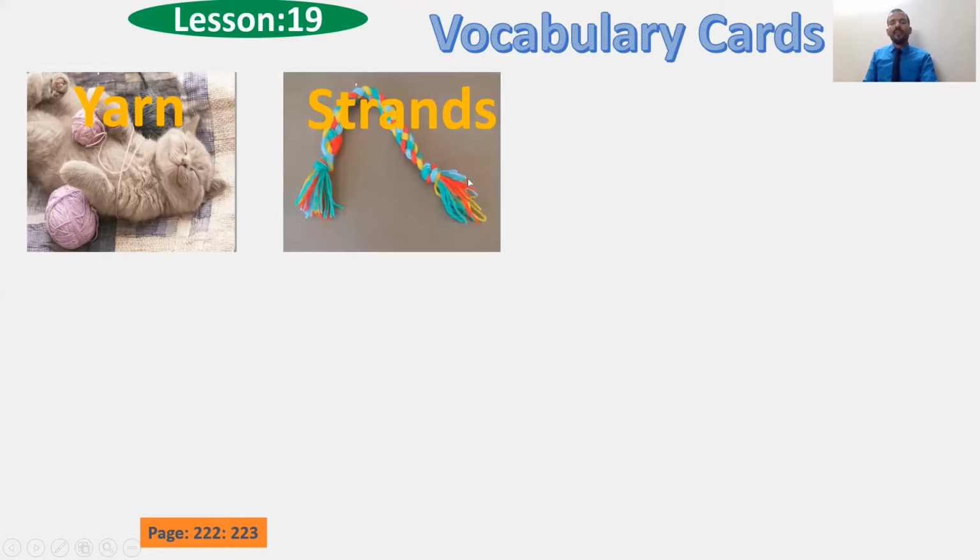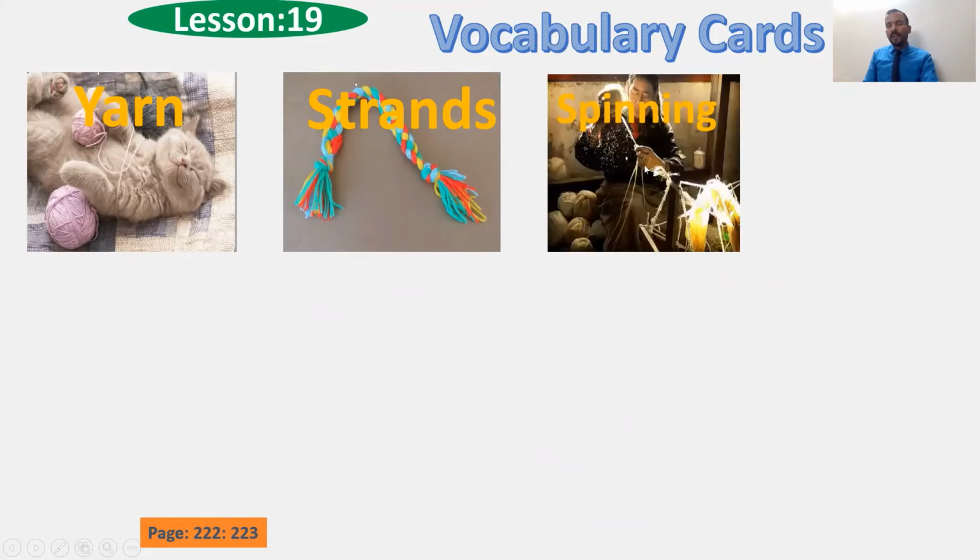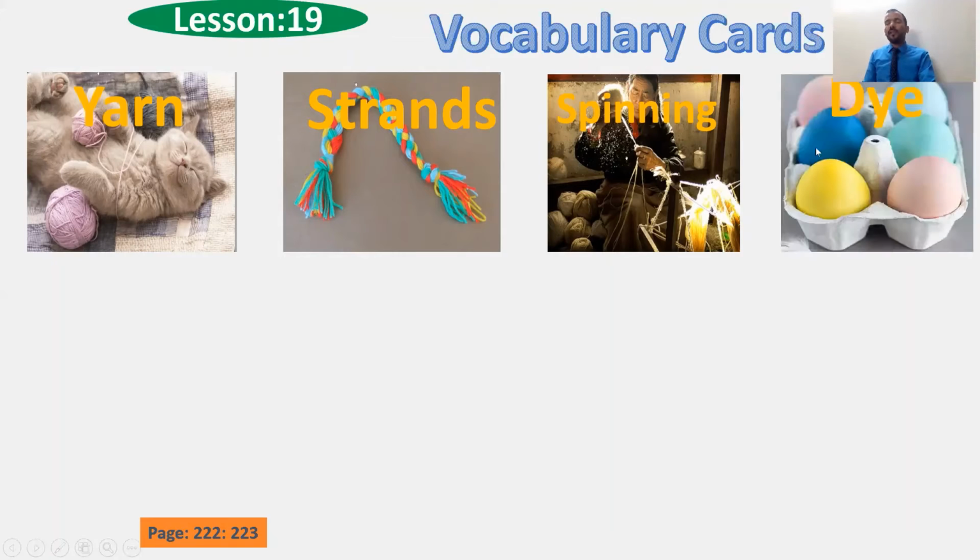Point 2, strands. We said it means a single piece of thread. Then spinning. If you see that old woman, she is spinning the strands together. And dye, to color something, as here they dye the eggs.